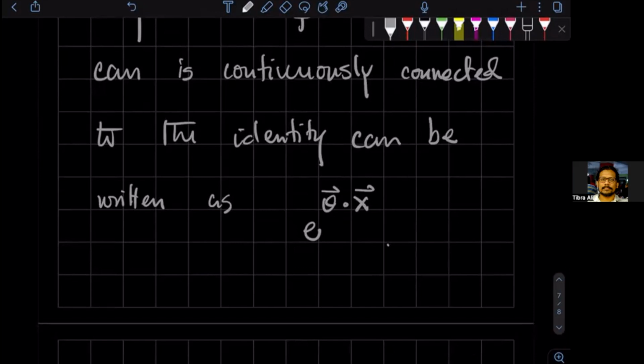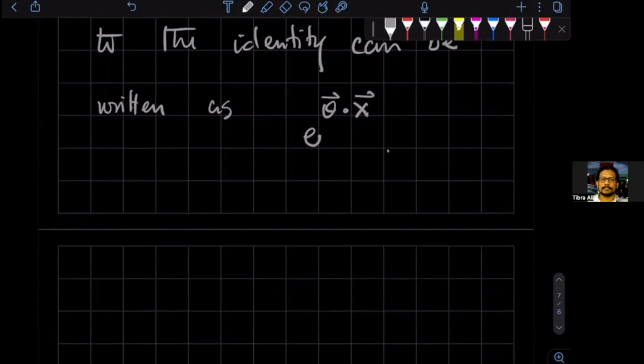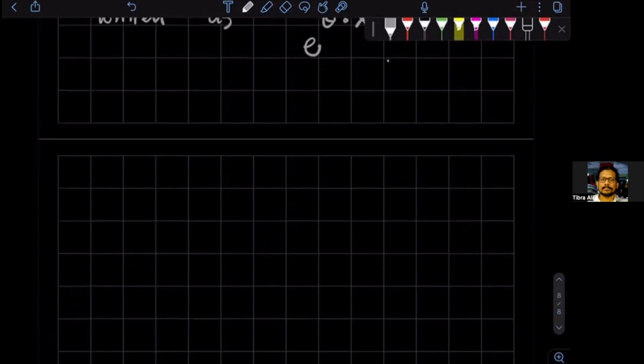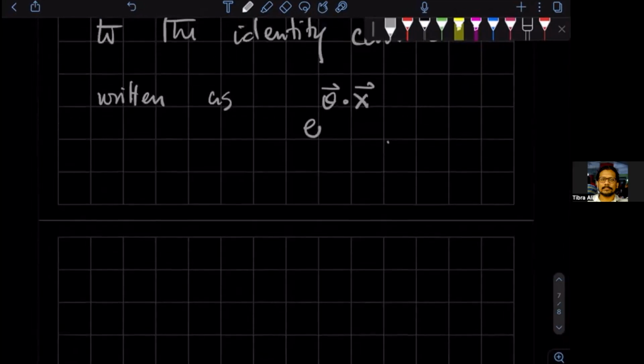All right, so now let's take the determinant of this element. So we write this as g theta. So the determinant of g theta, what is it?